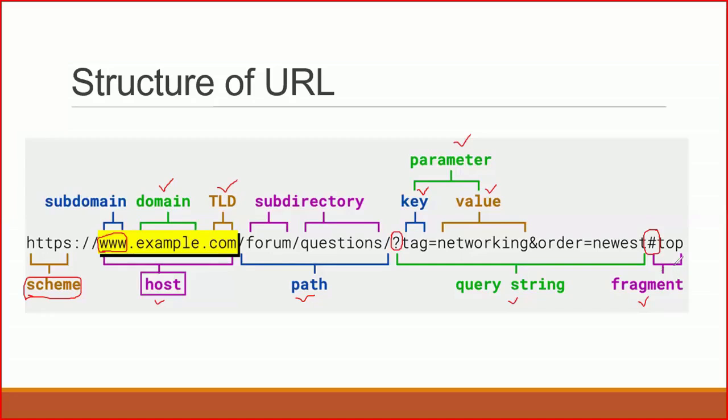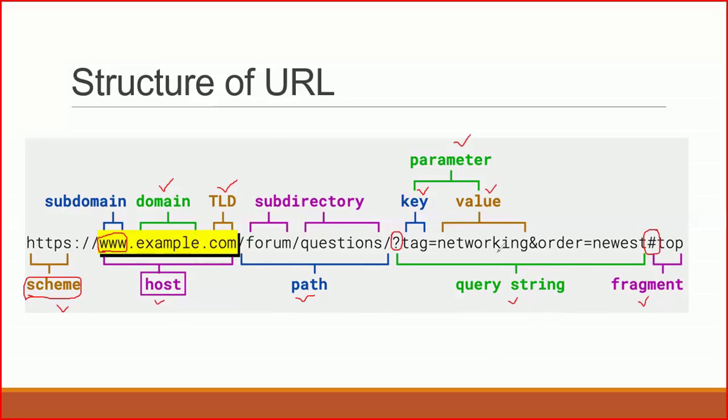It indicates a specific location on the web page, which is some ID or name kind of thing. Generally you can ignore it, so no need to concentrate much on the fragment part. But our major concentration should be on the remaining parts like scheme, host, path, as well as the query string.